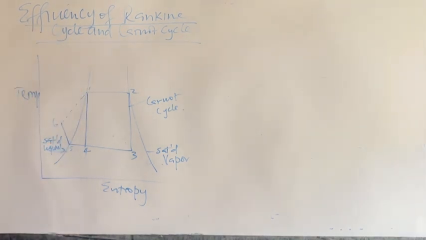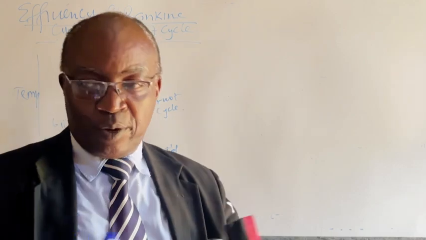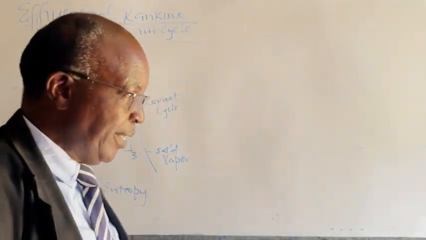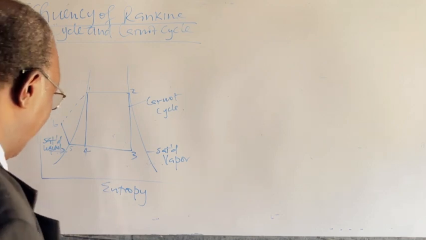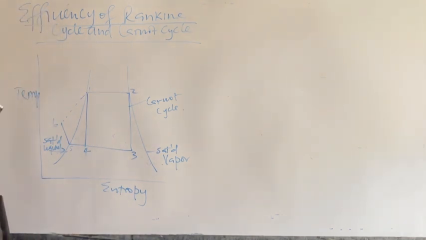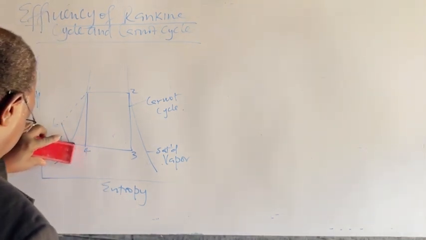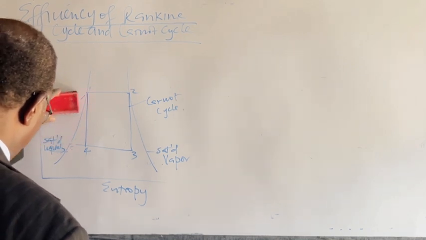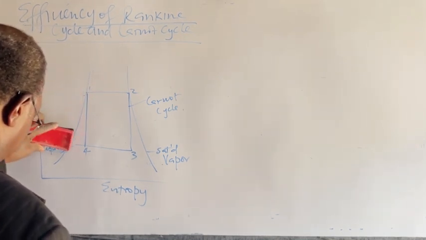Now, we had said that for us to work with the Carnot cycle in the Rankine domain, we have to realize two things. So let's just remove the Rankine component and remain with the Carnot component.